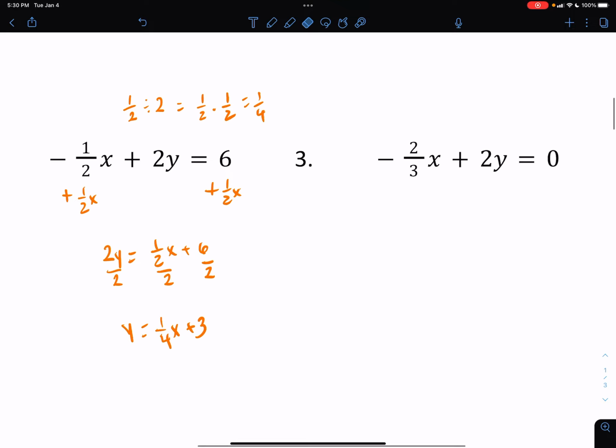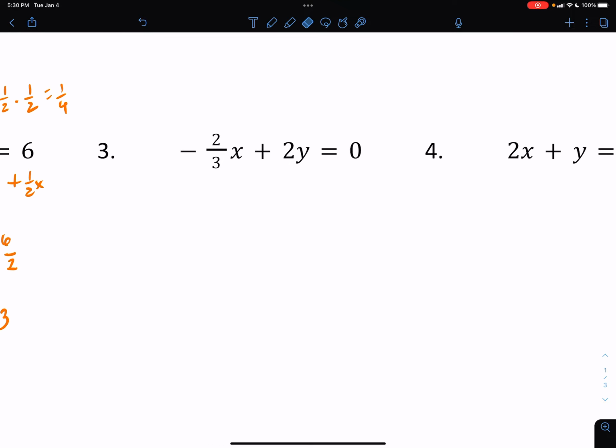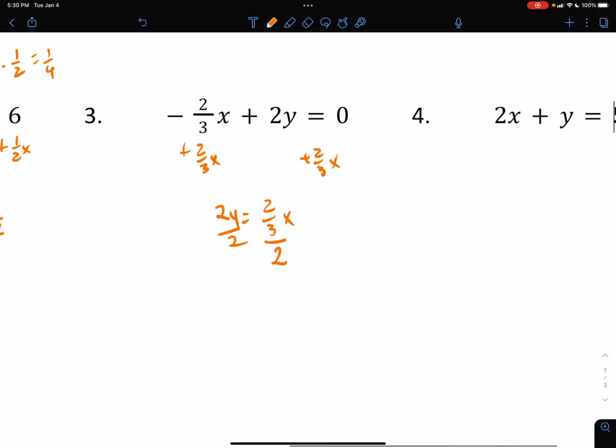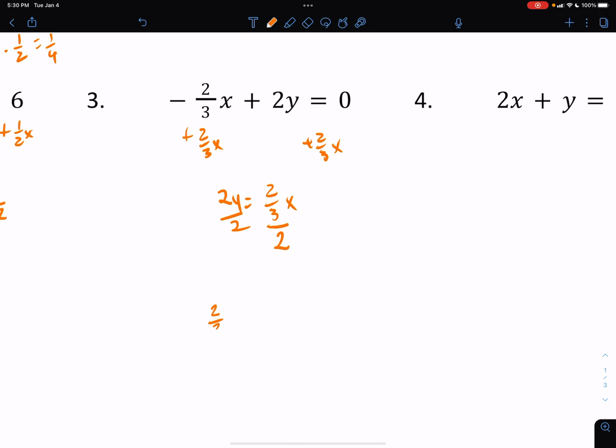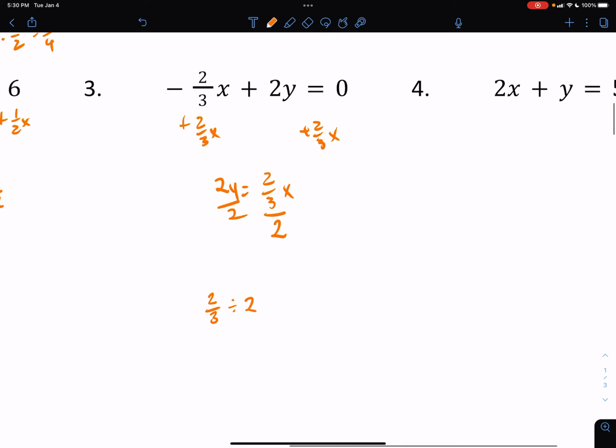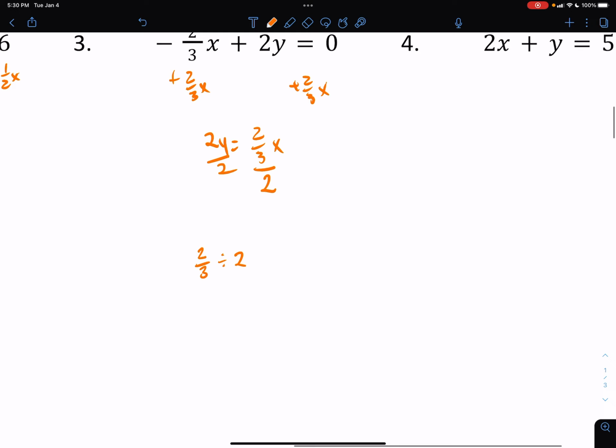Number 3, let's add 2/3 x to both sides. You have 2y equals 2 over 3x. From here, what do I do? Divide by 2. It may be helpful for some to write things out like this.